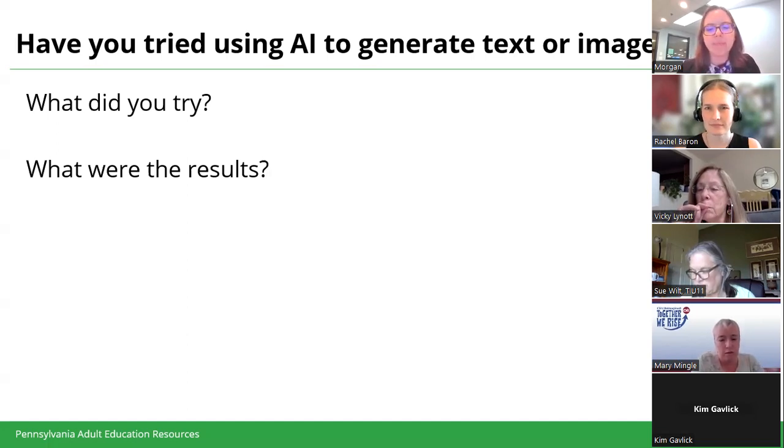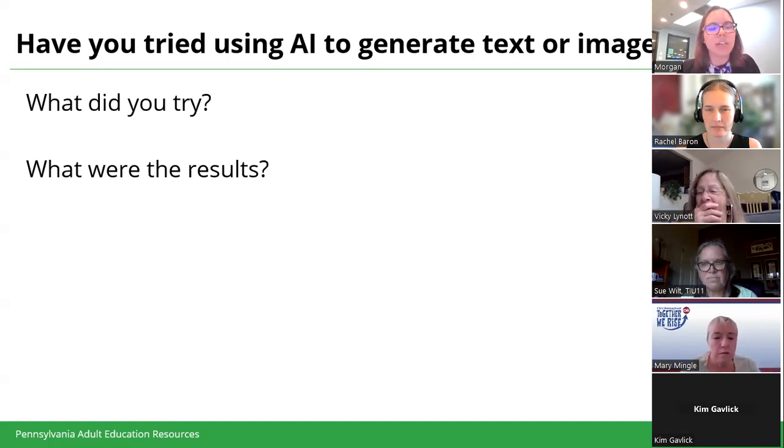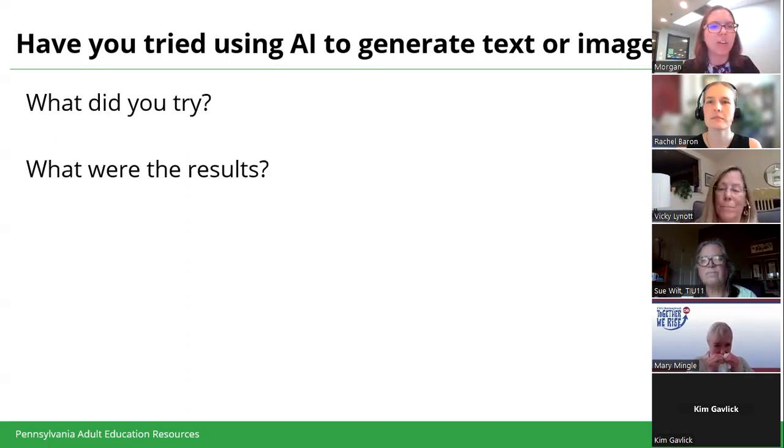The other thing that I've been playing around with is using ChatGPT as a tool for possibly using it with ESL learners, because there is a way to create a prompt to get a dialogue going with ChatGPT that will actually correct your grammar as you're going along.